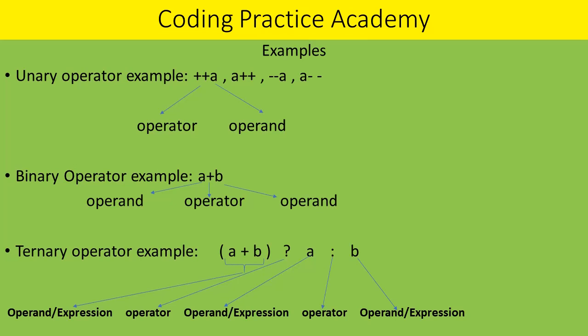Then there is an A, that is the operand or expression. Then there is a colon, that is an operator, and B, the last operand. So how many operands are used? In the bracket the first, after the question mark A, and after the colon B. So there are three operands. That's why it is a ternary operator.